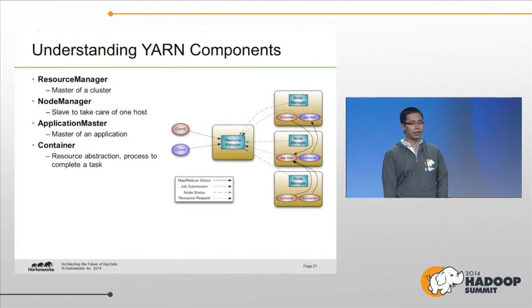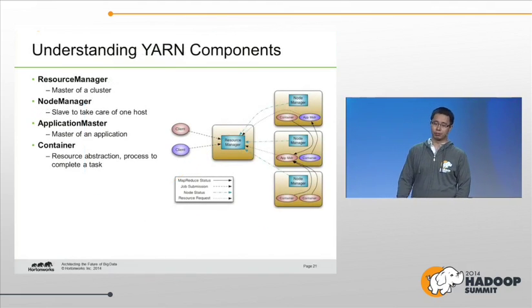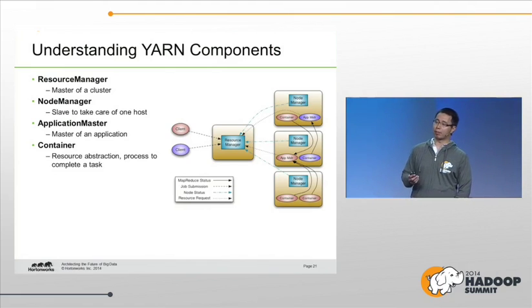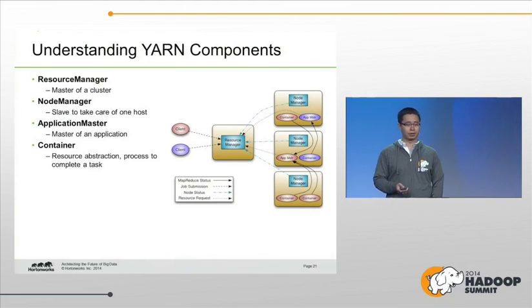The first thing I would like to mention is to understand the YARN components first. I guess most people here should have the concept of that, so I won't spend too much time here. A YARN cluster has two parts. One is the ResourceManager.